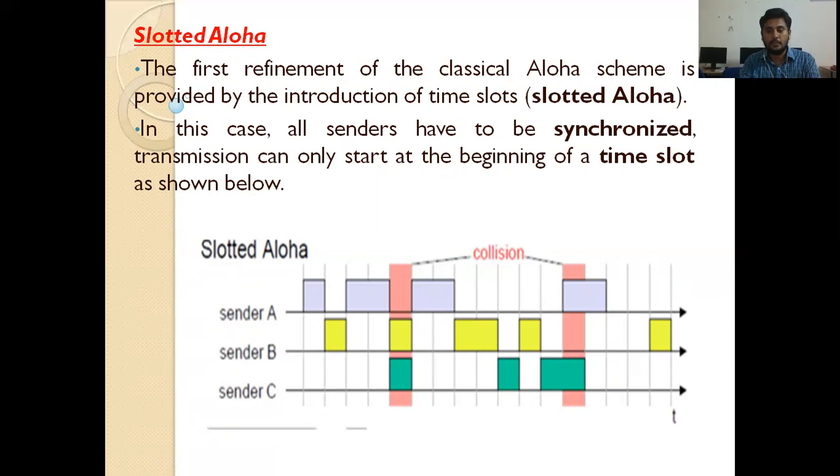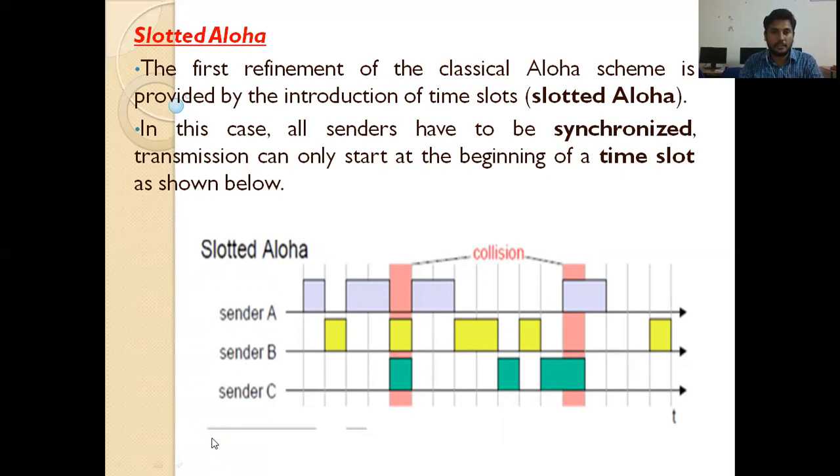For example, if time is divided into slots like 10, 11, 12, 1, 2, 3, 4, there is only the possibility to transmit the data at the starting of that particular time slot.